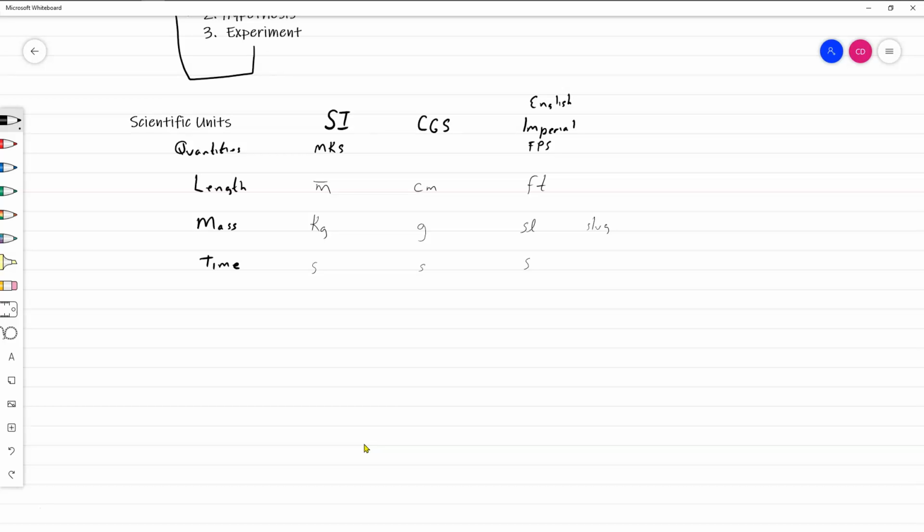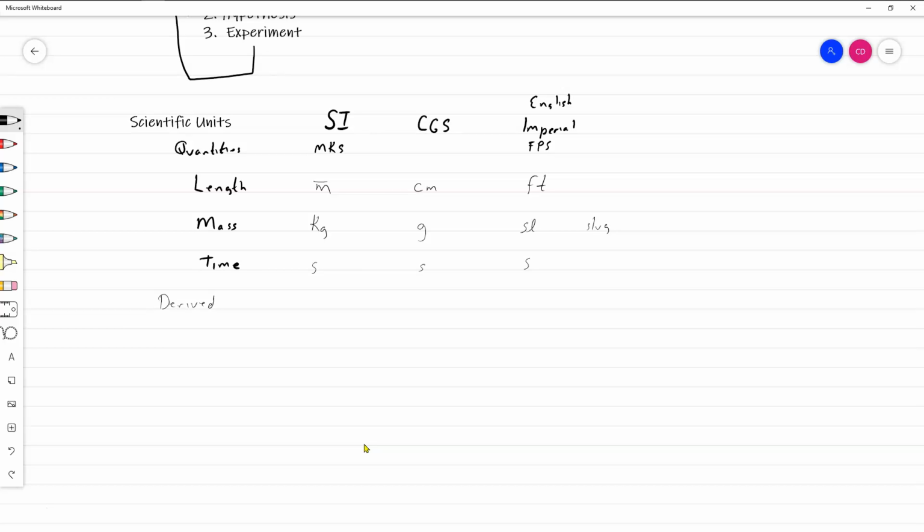Like I said, there are 7 basic quantities in each system, and we'll see them in a moment. But what we're able to do now is combine those fundamental units, usually by multiplication and division, to make new units. So these are derived units, or derived quantities, I should say. For example, if I want to measure the area of something, like a flat whiteboard or this screen, most people would tell me to get the area by doing length times width.